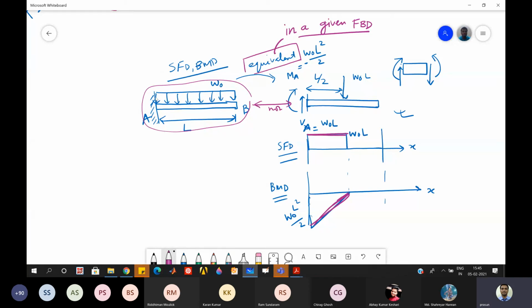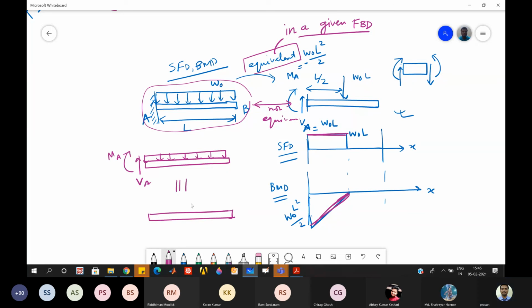This is not equivalent. What is equivalent? Now, if I draw an FBD of the entire beam like this, with VA and MA, then this is equivalent to having this.